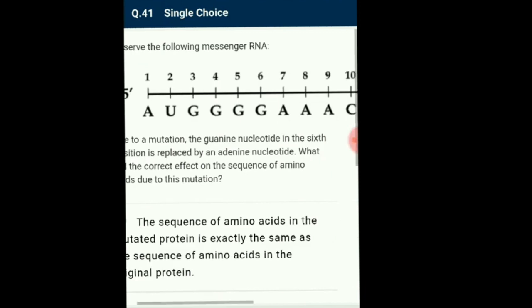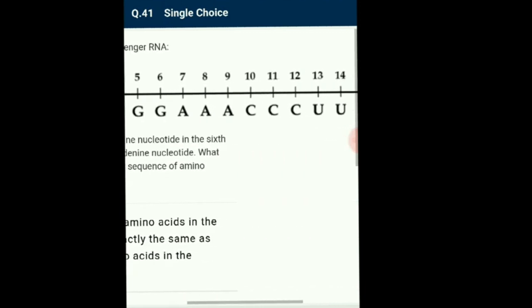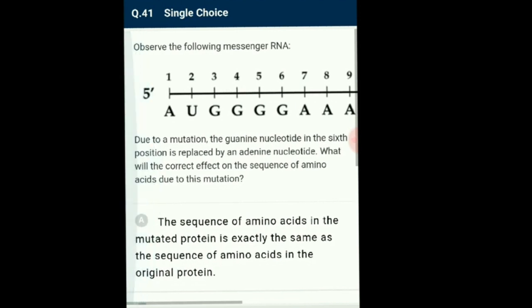Following messenger RNA. Here the DNA strand is given in the 5' to 3' direction with a genetic code. Due to mutation, the guanine nucleotide in the sixth position is replaced by an adenine nucleotide. What will be the correct effect on the sequence of amino acids due to mutation?